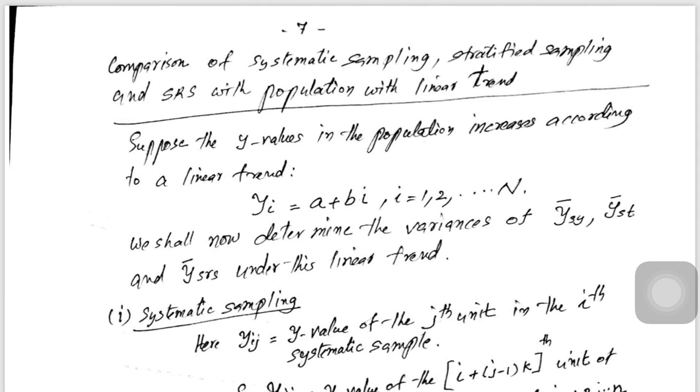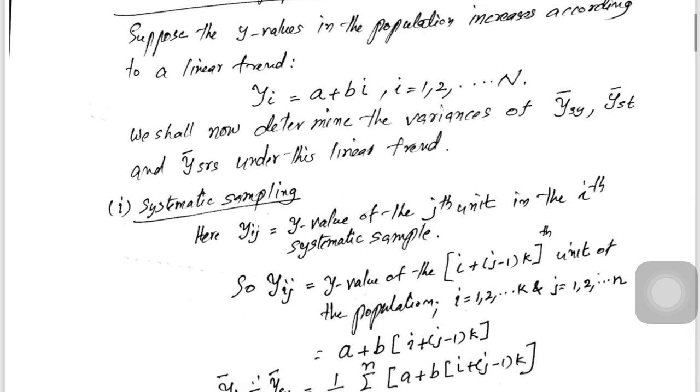So these three methods should be compared for the same number of units selected from the population. For such a population we will see what the variances are under different methods.